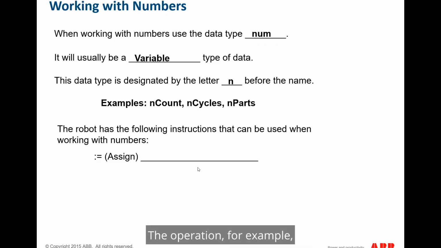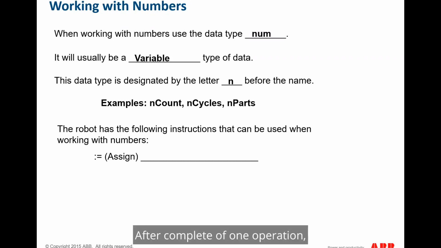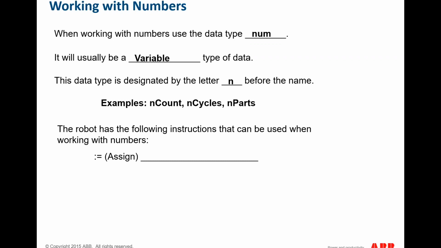For example, the operation: we want the robot to pick up the parts, and if it started with 0, we can assign a specific count number started with 0. After completing one operation, picking one part, you can increase the count to 1.